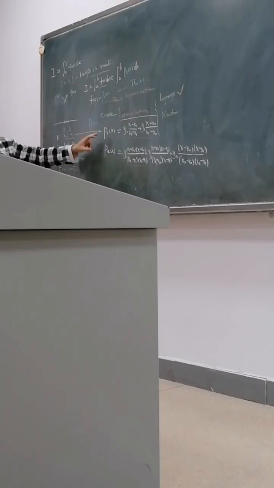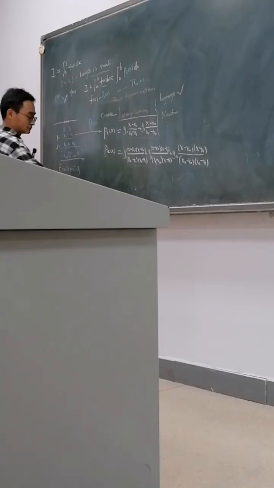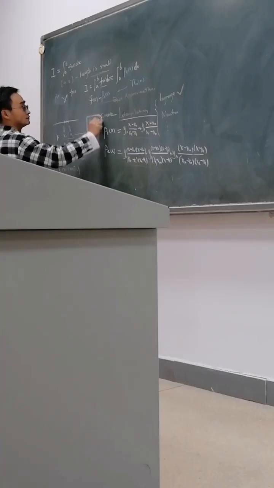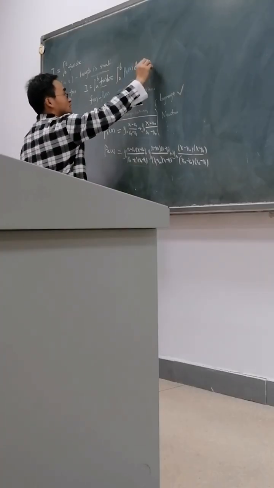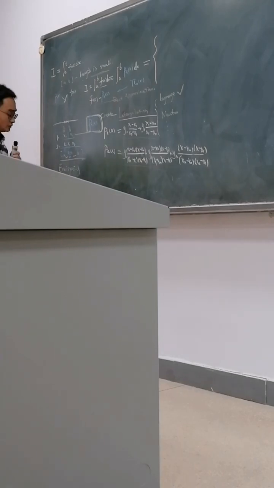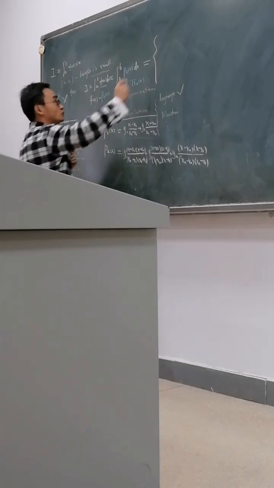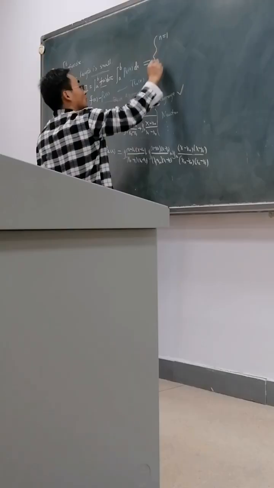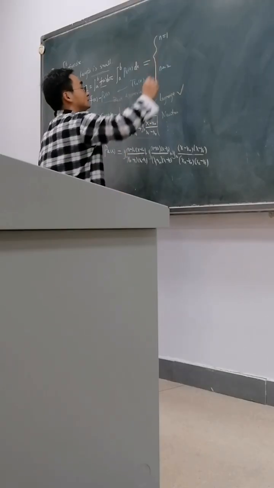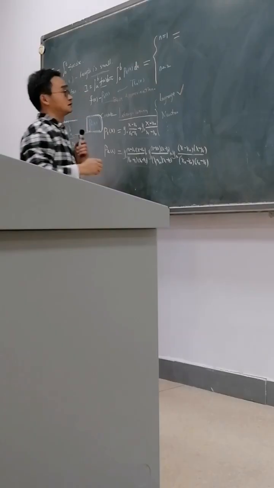If we choose these two functions and put them into this integral, we may get two kinds of approximation, using n equal to 1 or n equal to 2. Specifically, we will have the direct formula.